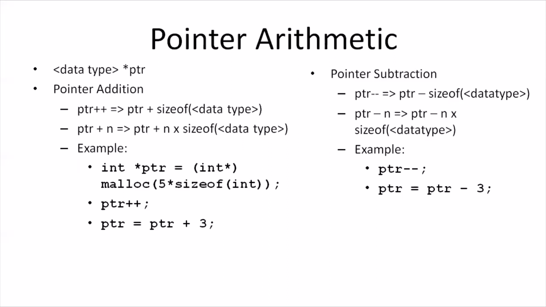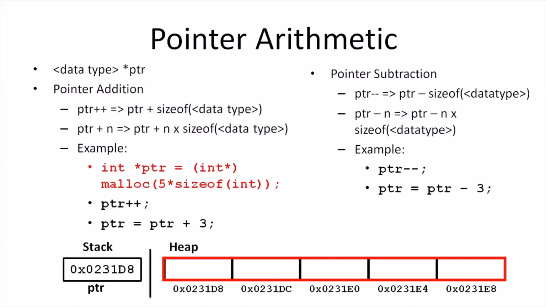For example, on executing the statement int *ptr = (int *)malloc(5 * sizeof(int)), a 5-celled integer array is created whose starting address, or the base address in this case, is say 0x0231D8. This address gets stored in the variable ptr.